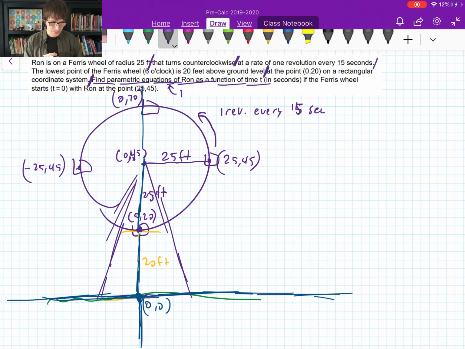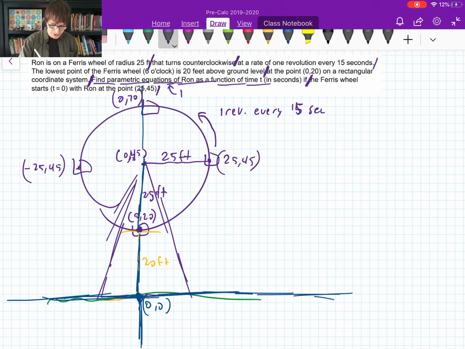If the Ferris wheel starts at t equals 0 with Ron at the point 25, 45. Oh, that's the right point. It's the point on the far right.